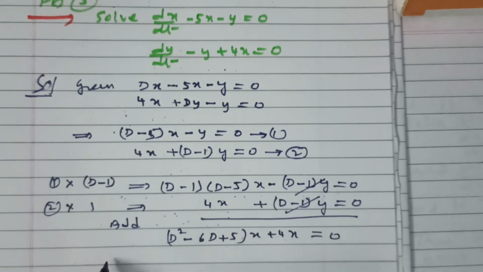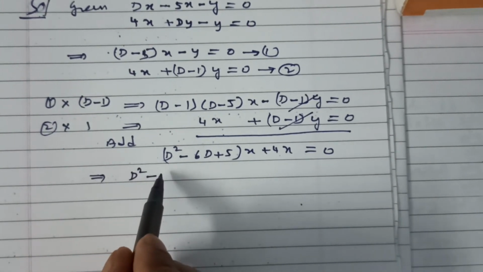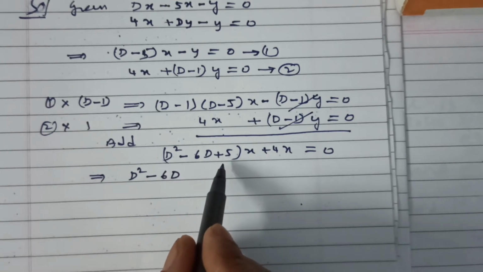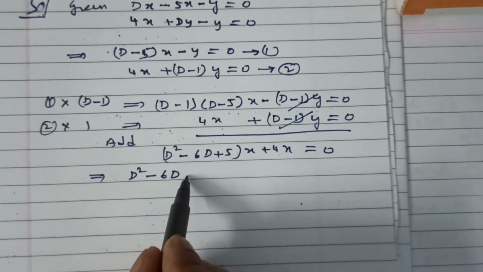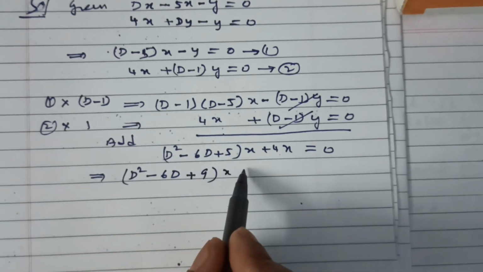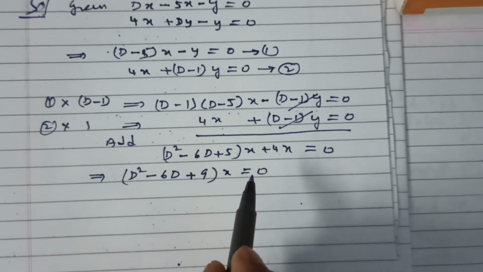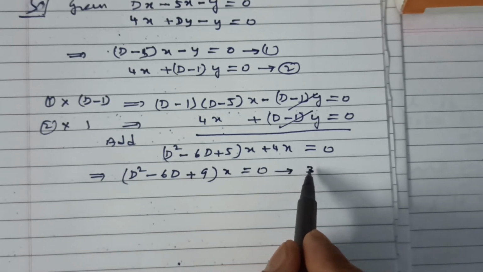This implies D square minus 6D plus 9, as x is common, is equal to 0. Take this equation as 3.